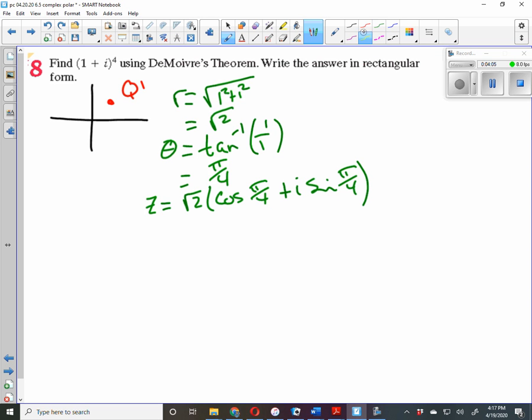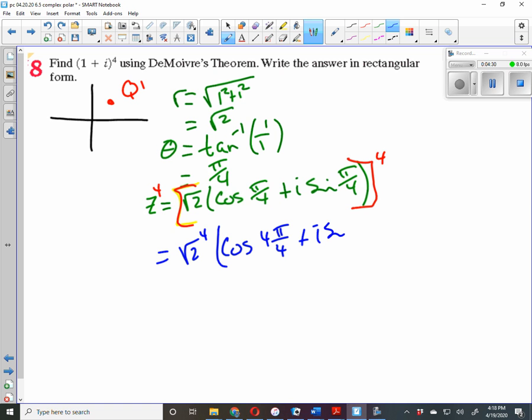And now we want to take this to the 4th power. Oh, well, that just means then that we're going to go square root of 2 to the 4th power, cosine 4 times pi over 4, plus i sine pi over 4 times 4, right?